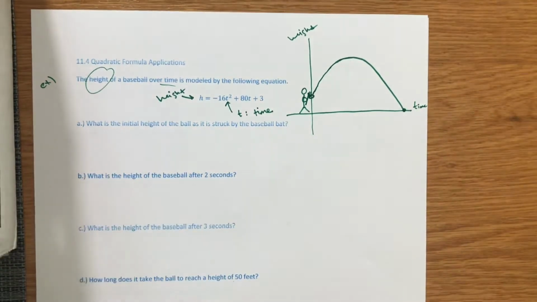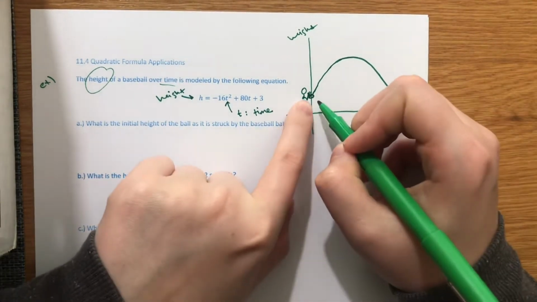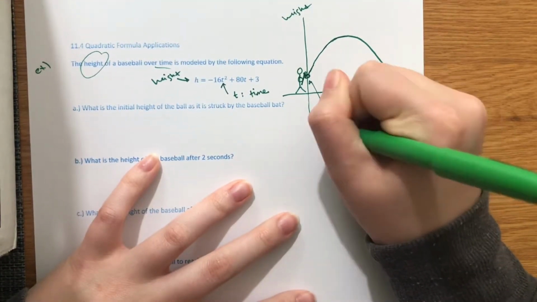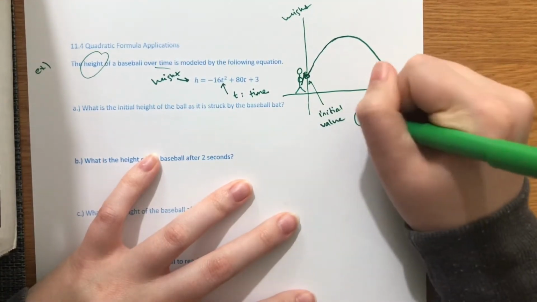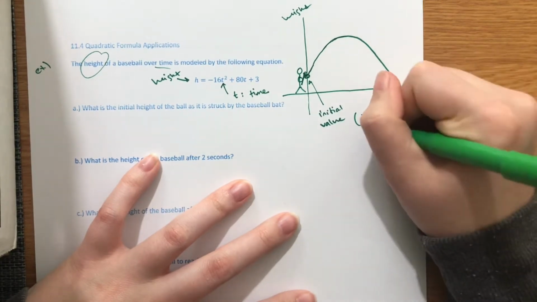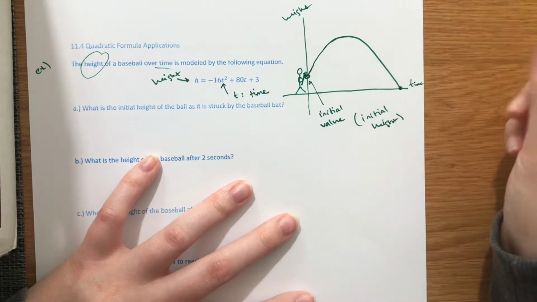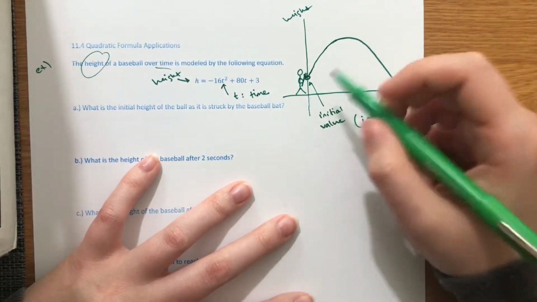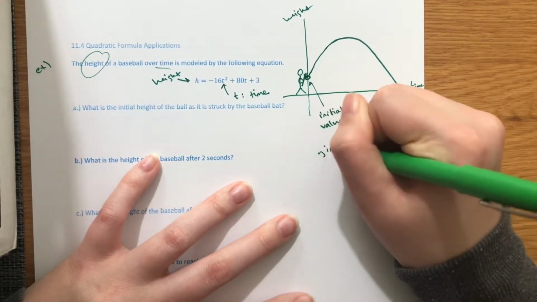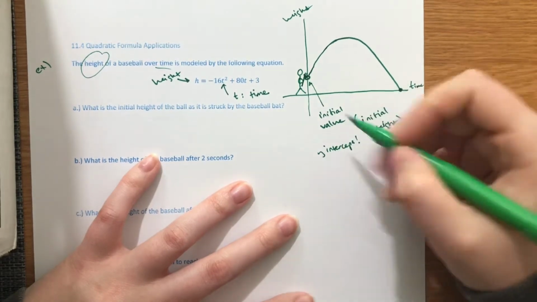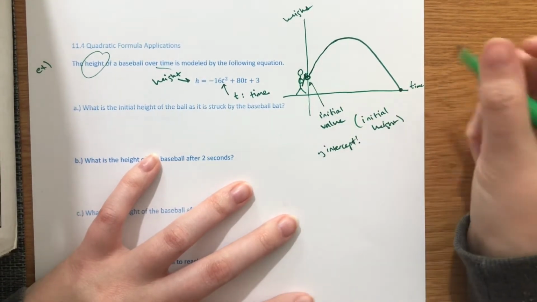Well, we start recording time when the baseball gets hit. And so this is your initial value. And in this case, that's the initial height, because the value that we're measuring is the height. And you guys hopefully know by now, initial value is the same thing as the y-intercept. And that's why last week, hopefully, some of those conversations will help with this week.